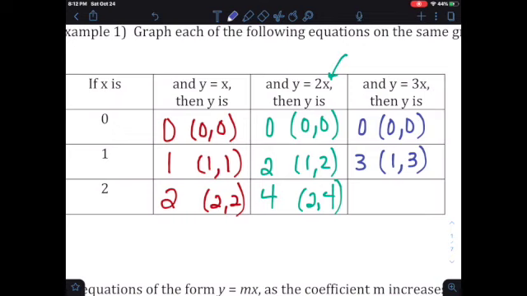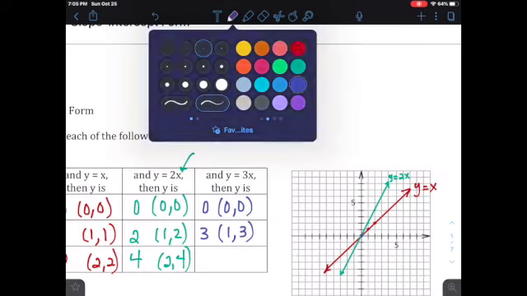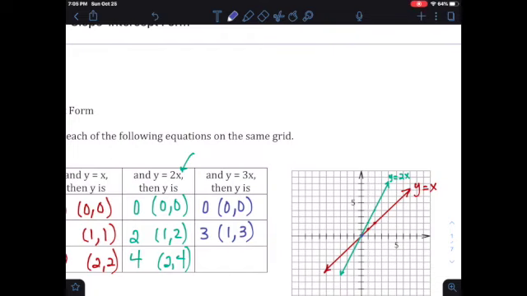Then if you plug in 2, 2 times 3 is 6, and the point is 2, 6.